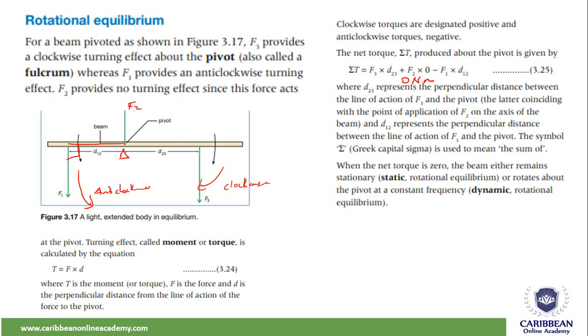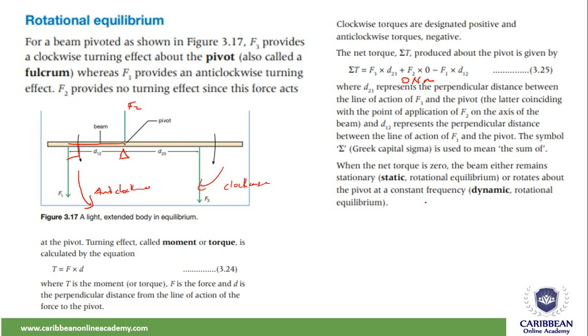But in the event that the net torque or the net moment is not equal to zero, then we say that we have what we call dynamic rotational equilibrium. Follow me? So rotational equilibrium can be classified as static rotational equilibrium and dynamic rotational equilibrium.